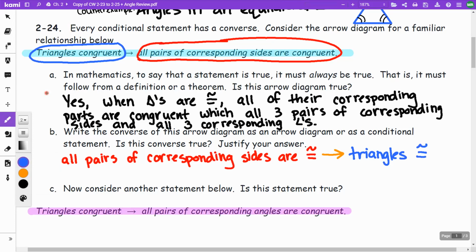And in this case, the answer is yes. By side, side, side triangle congruency. If all three sides are congruent, then the triangles are congruent.